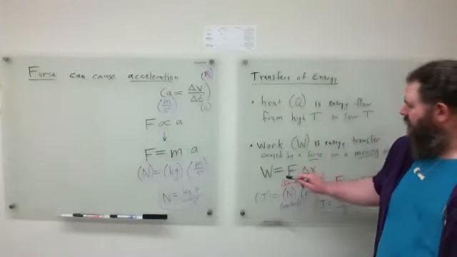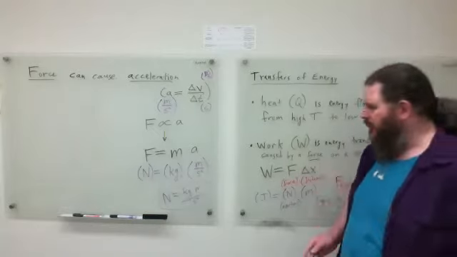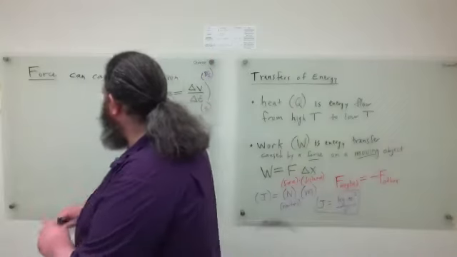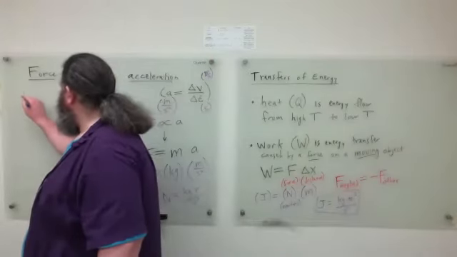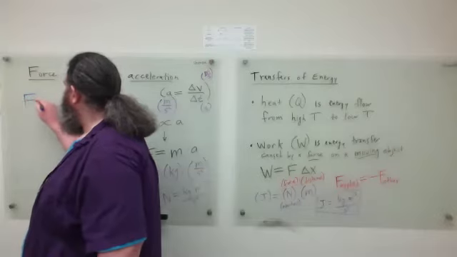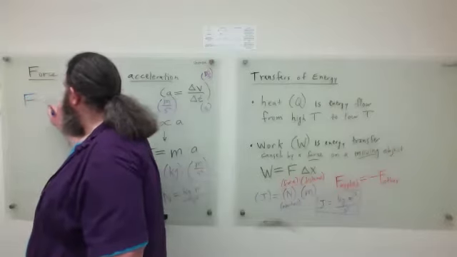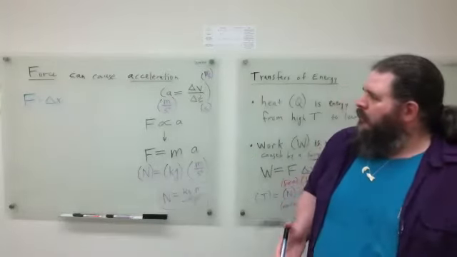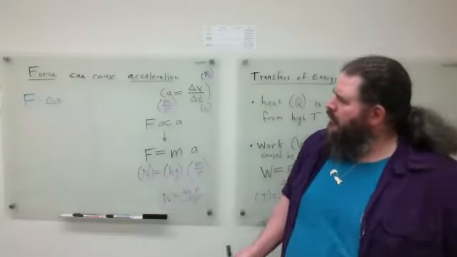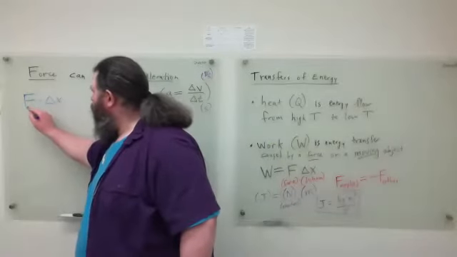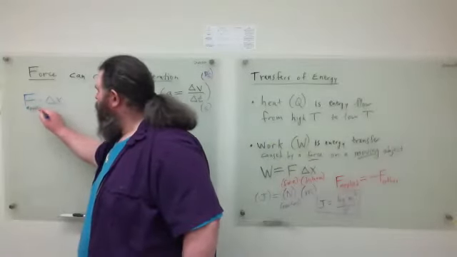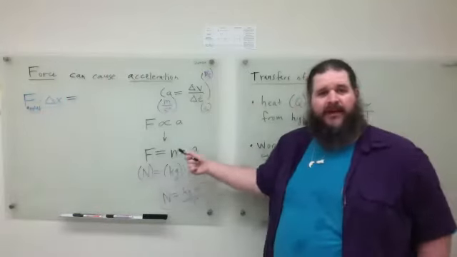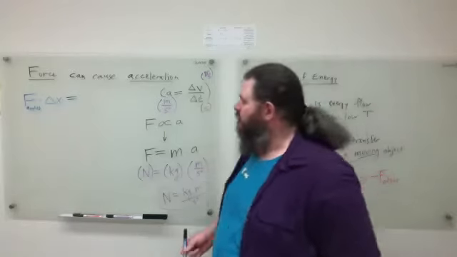If we start with this idea of work, like let's say you're applying a force to an object, you're doing some work, force times distance. That is work. And let's say this is your applied force. But we know force is equal to mass times acceleration, so we can make this substitution.